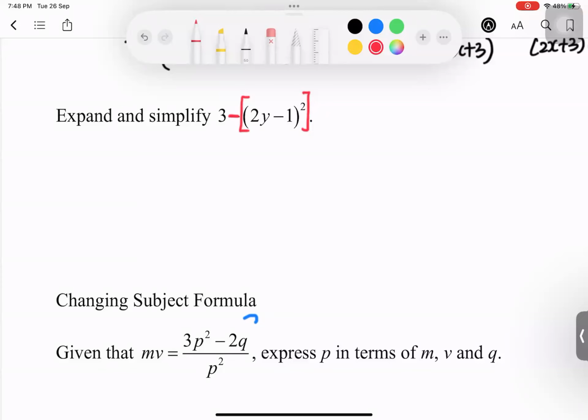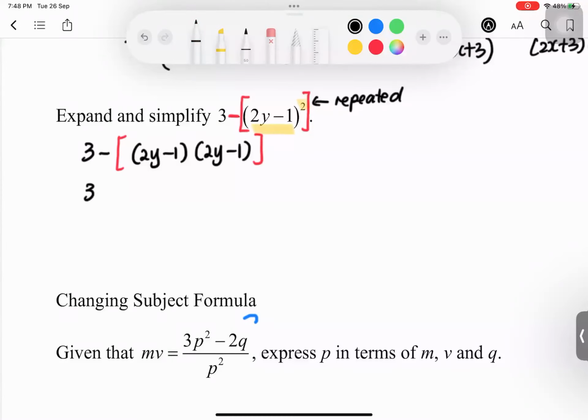So what you need to do is, you need to multiply out. I'll leave this negative sign alone first. I need to multiply out the one inside first. When you say whole thing square, this means this is repeated. So I put 2y minus 1, 2y minus 1 again.